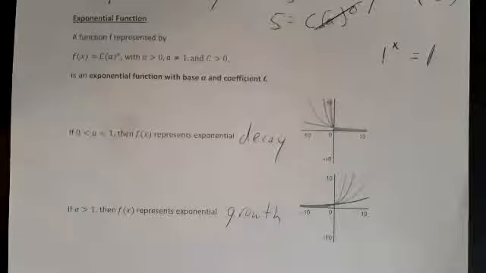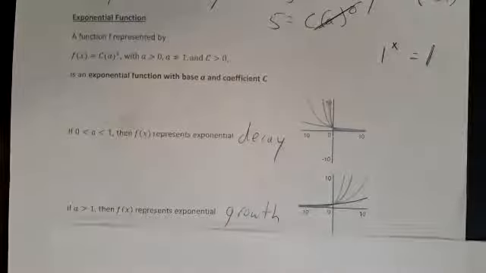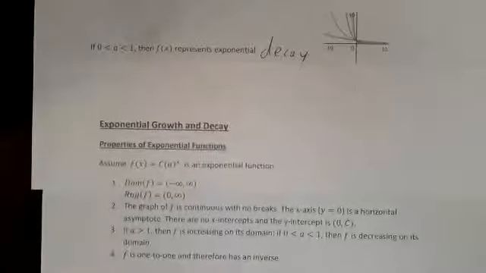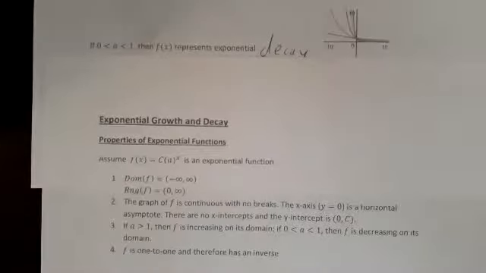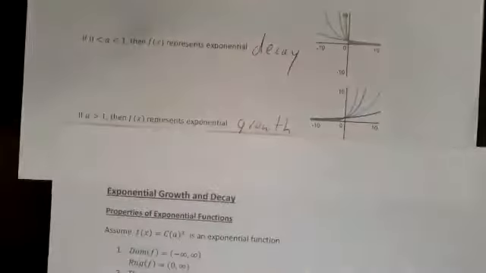I believe it's on the 4th page. I noticed there's a few things I want to throw at you a little earlier. It says that if we have an exponential growth and decay function, hopefully you notice from these graphs, our domain is from minus infinity to infinity.